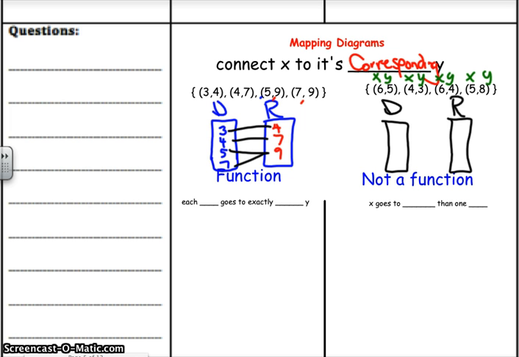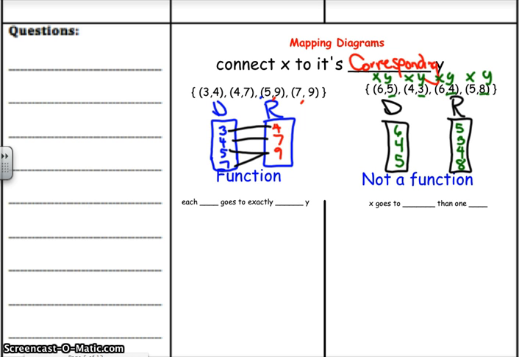So domain are my different x's. I have a 6, I have a 4, I have a 6, I already wrote the 6 down, I don't need to do it again, and I have a 5. Range-wise, I have a 5, I have a 3, I have a 4, and I have an 8.